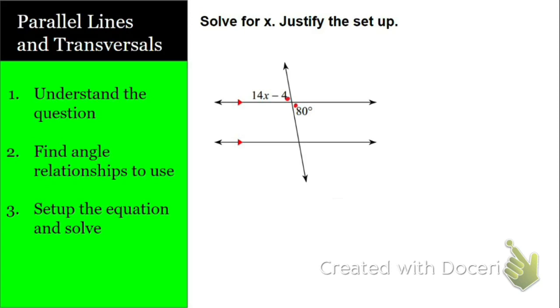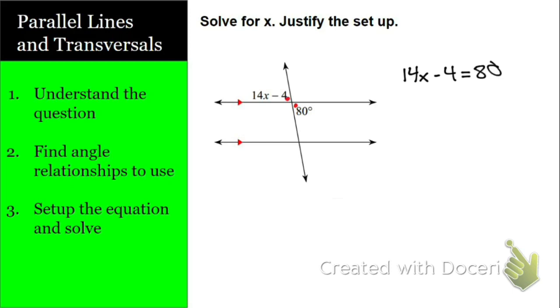Based off where these two angles are, they can be considered vertical angles, because they're right across from each other. If they're vertical angles, they're congruent, which means we can set them equal to each other. So 14x minus 4 is going to be equal to 80 degrees. Let's solve this problem.